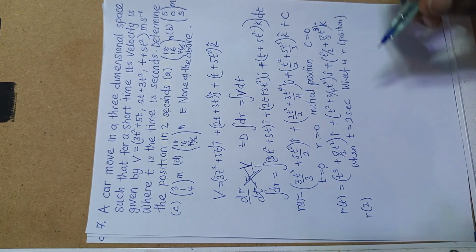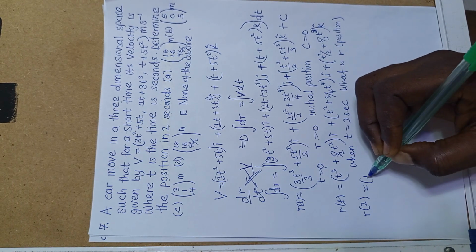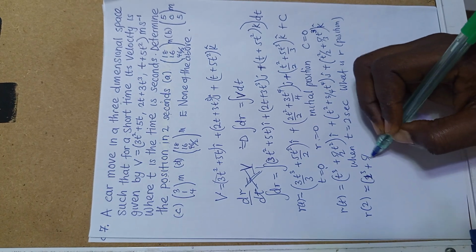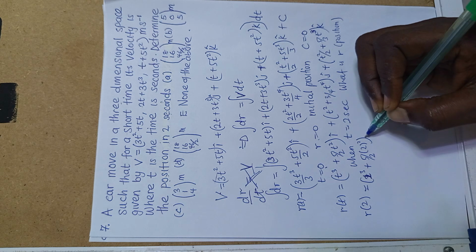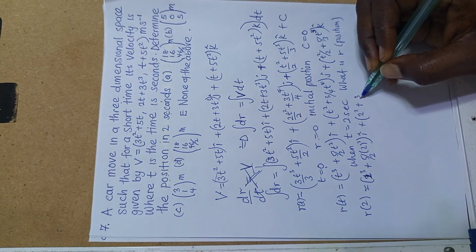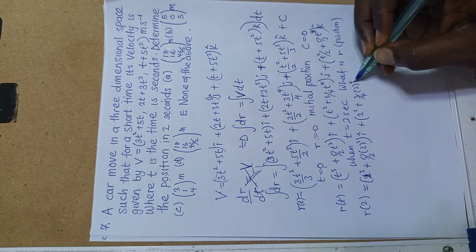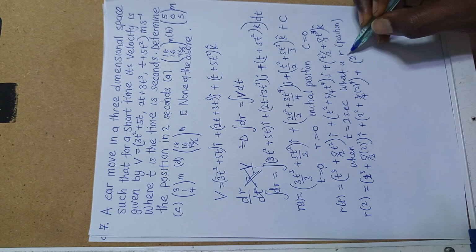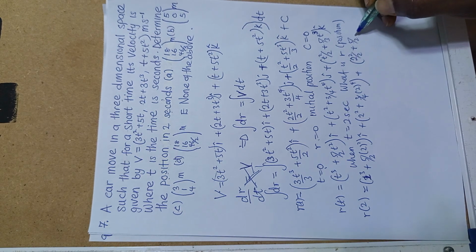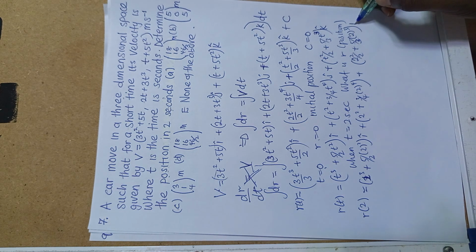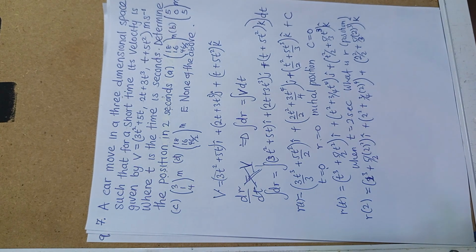I'm going to have (2 cubed plus 5 over 2 times 2 squared) i plus (2 squared plus 3 over 4 times 2 to the 4) j plus (2 squared over 2 plus 5 over 3 times 2 cubed) k. So what I'm going to do now is to find them one after the other.